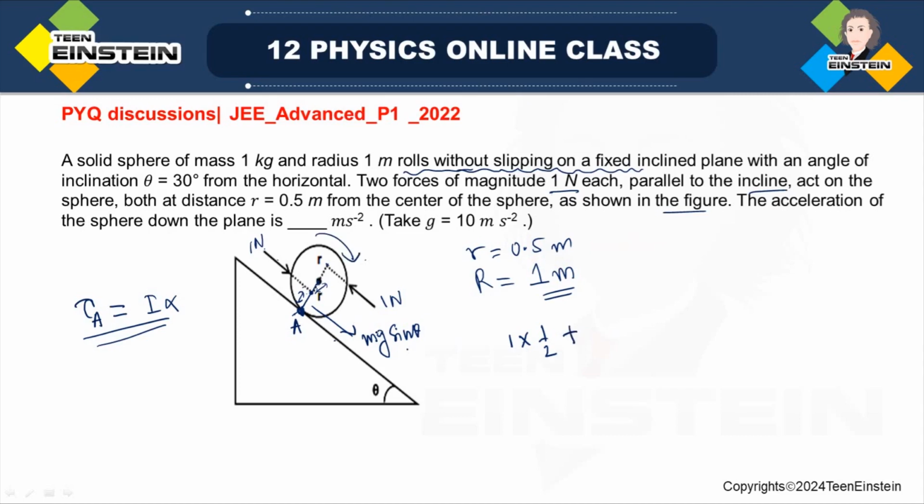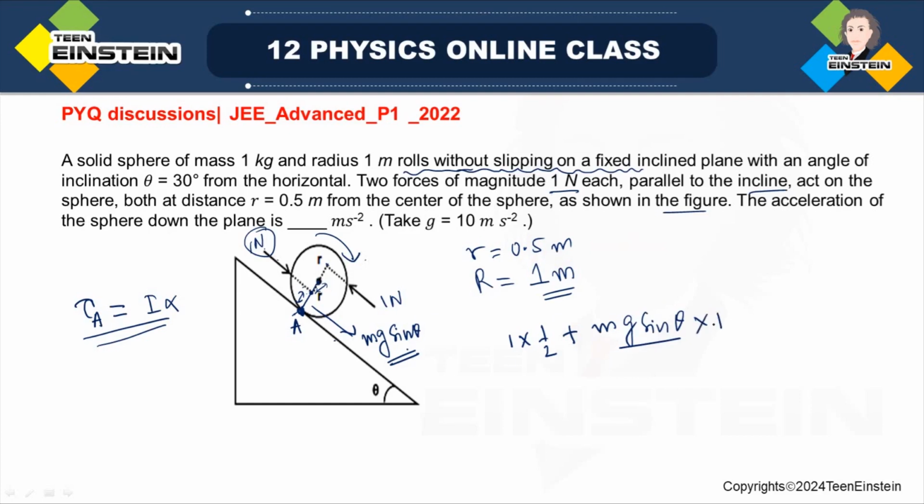So this mg sine theta also will be providing the torque such that it rotates down the inclined plane. So the torque due to this force and torque due to mg sine theta will be in the same sense. I am just adding them up. So mg sine theta into r, because it will pass through the center of mass.